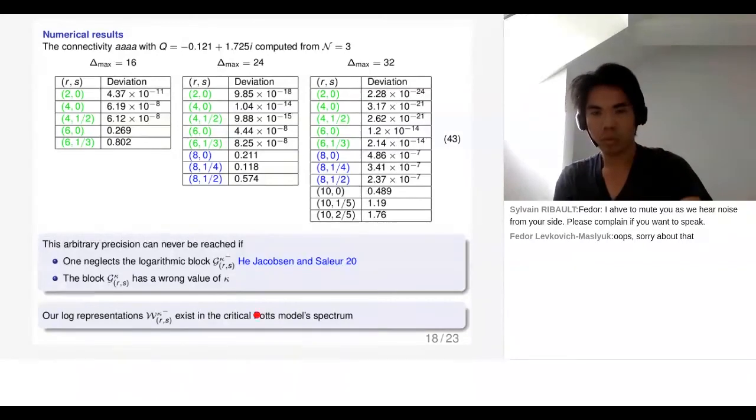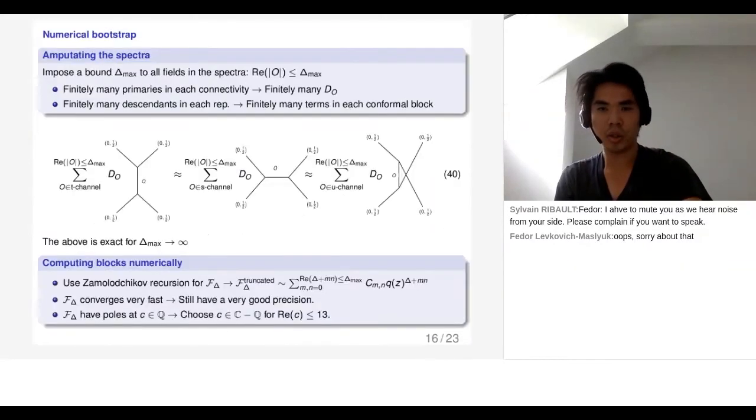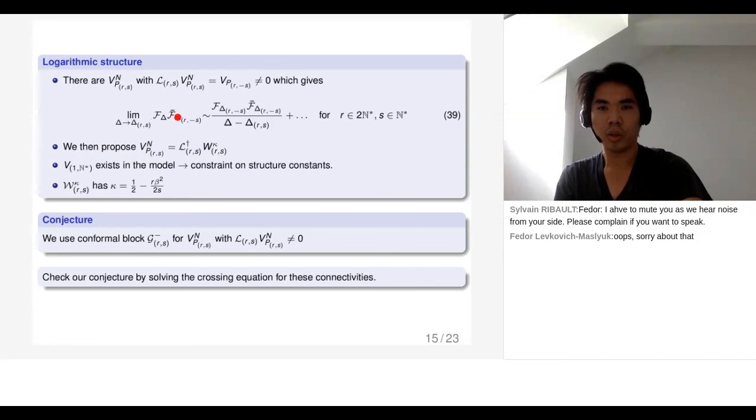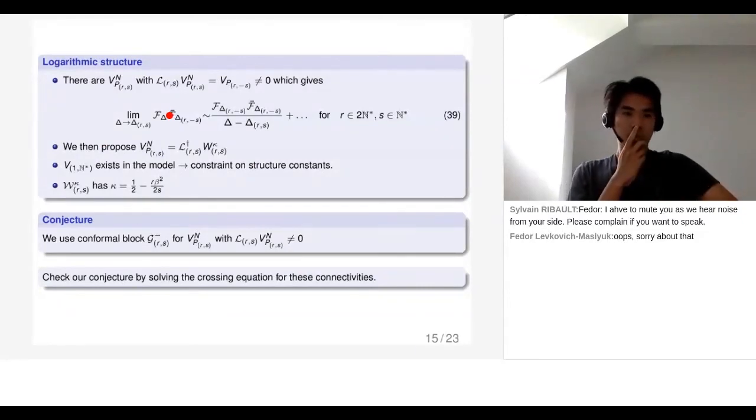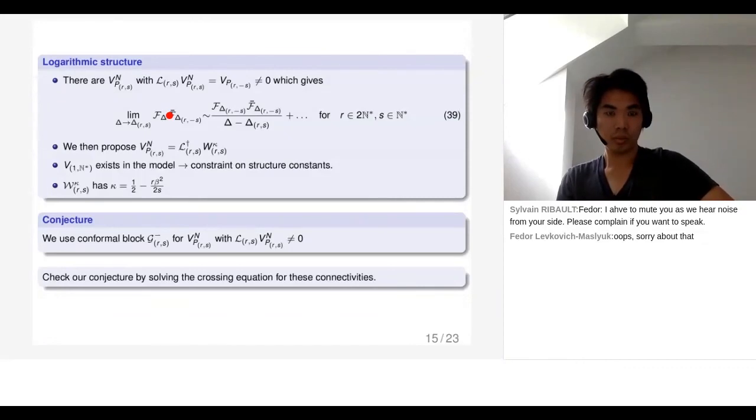But what does it mean, function of dimension? In any given theory, there is just one dimension. So why should this divergence be regularized? Well, if you just take a block for the 4-point connectivity and plug in the values of the dimensions that are predicted in the spectrum by Jacobsen and Saleur, you find infinity. So it basically does not make sense.